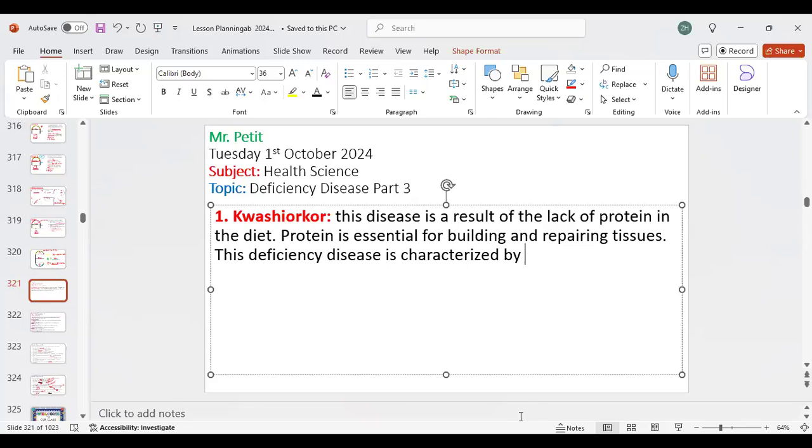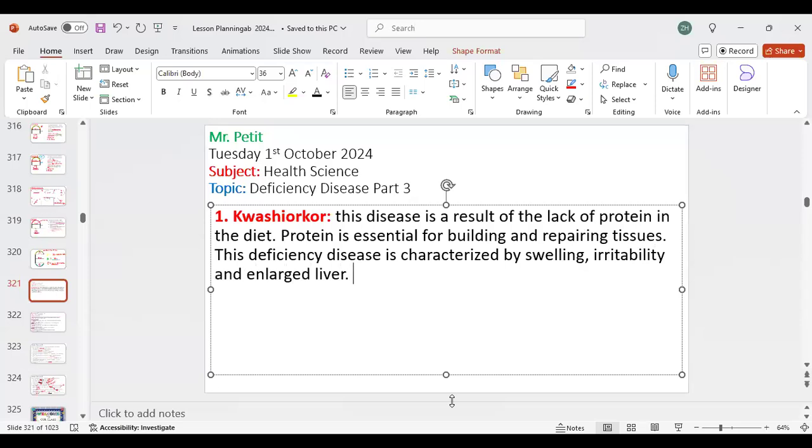So it's categorized by swelling, irritability, and an enlarged liver, so the liver is big and it looks like you're pregnant in a way.